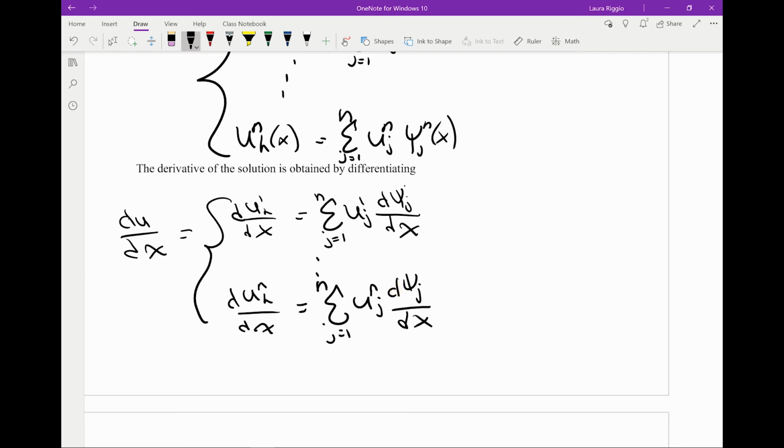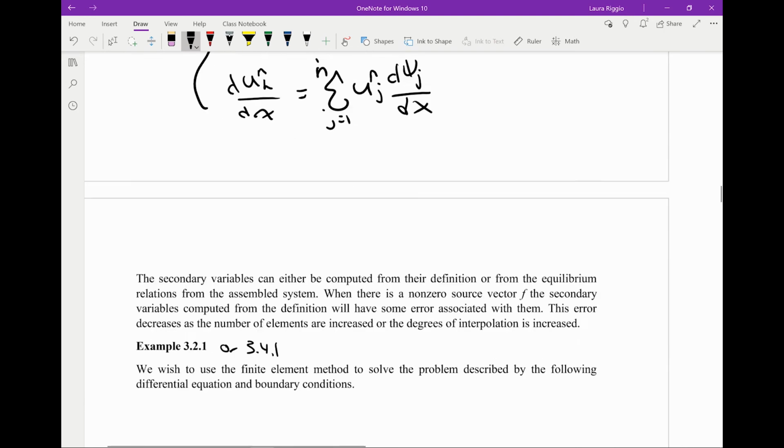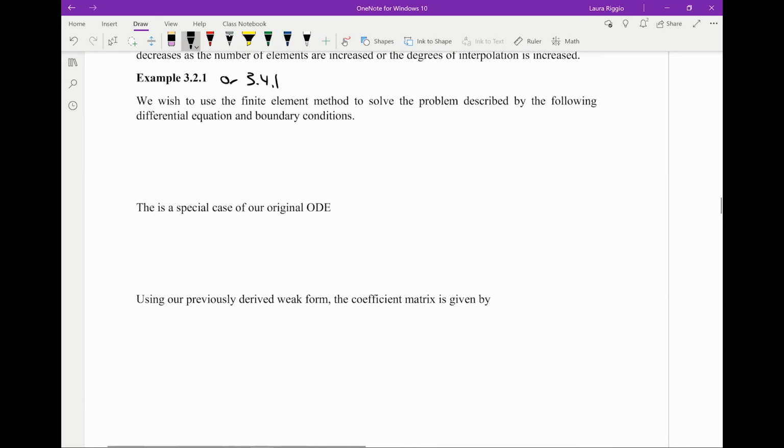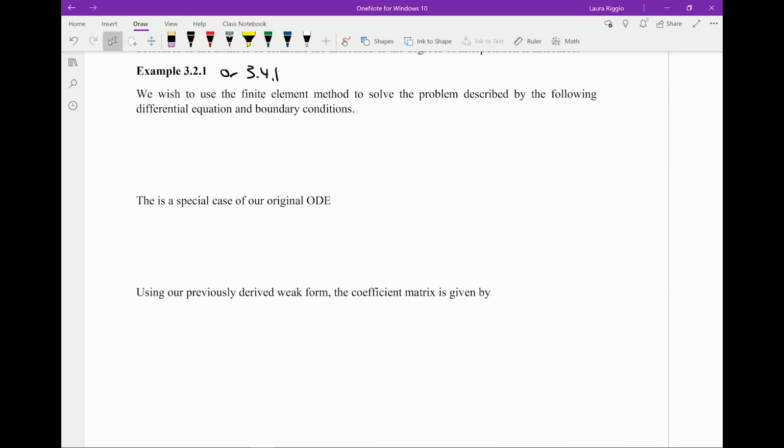So this is actually what SolidWorks and everything does for you. So we're actually going to work through an example.